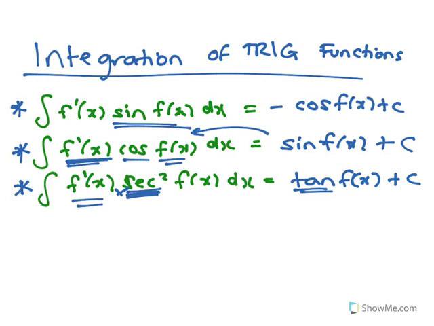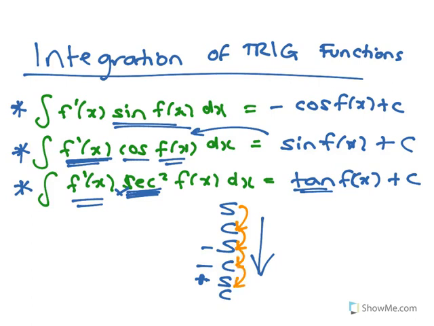Now for the sine and cos ones, you might notice if you had sine, cos, minus sine, minus cos, then you go sine, cos. If you're going this way, that's differentiation. So sine goes to cos, cos to minus sine, minus sine to minus cos, and minus cos to sine.